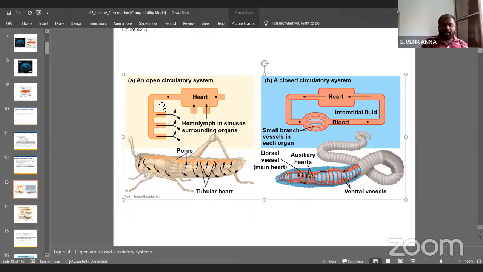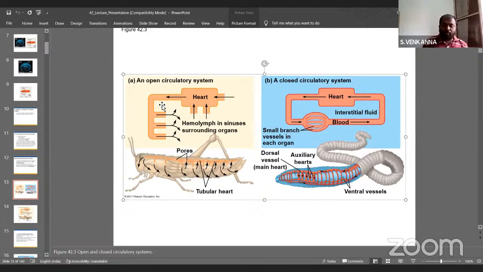The blood is called hemolymph. With the heartbeat and the animal's movement, the hemolymph circulates around the organs within the body cavity, re-entering the heart through openings called ostia. This movement allows for gas and nutrient exchange. The hemolymph fills the entire hemocoel of the body and surrounds the cells.